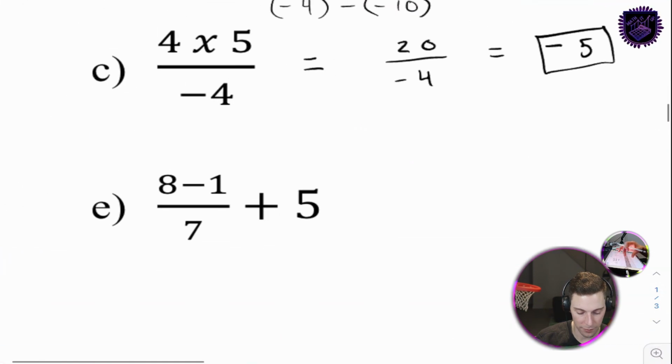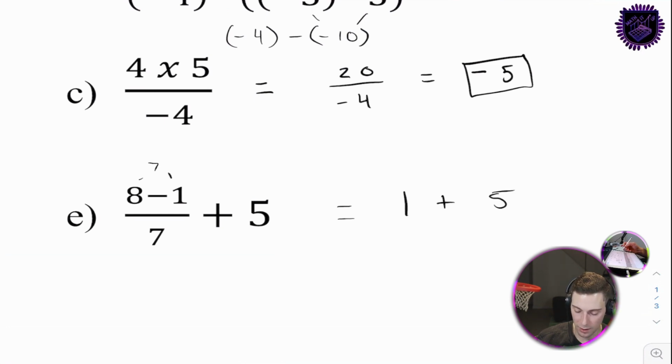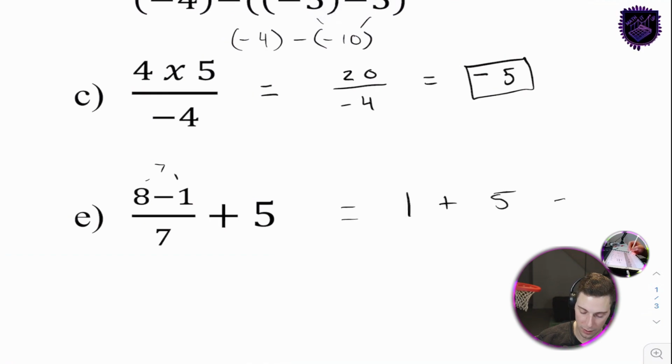Now we have 5e. 8 minus 1 divided by 7. 8 minus 1 is going to be 7. So 7 divided by 7, that's going to be 1. So this is going to be equal to 1 plus 5. It's going to be equal to 6. Write that below 6 because that's the style we're doing.